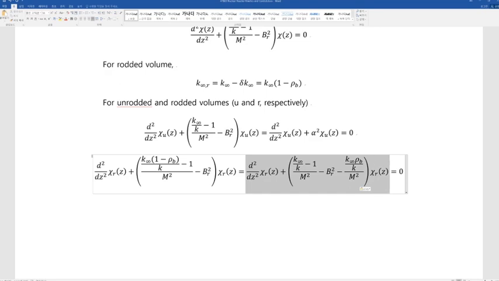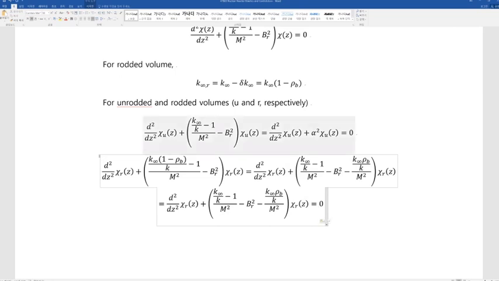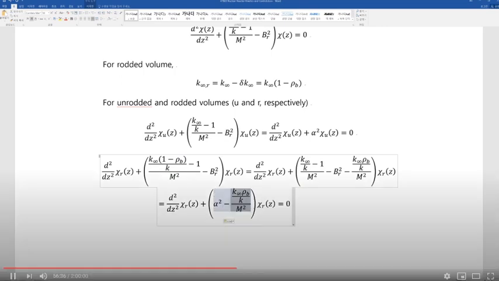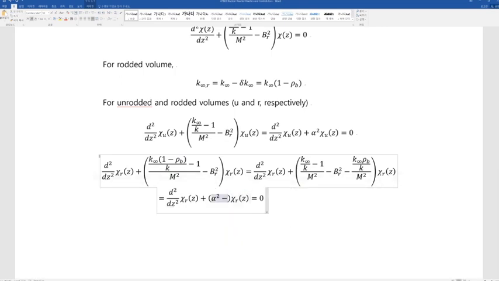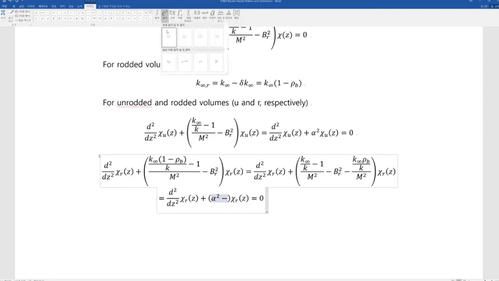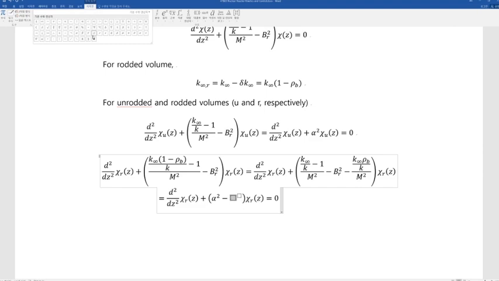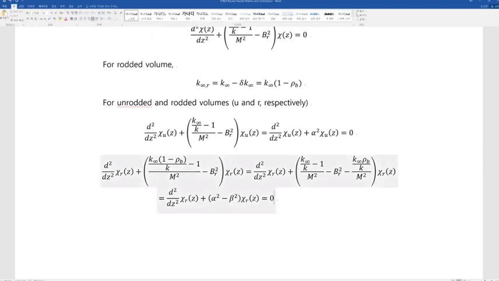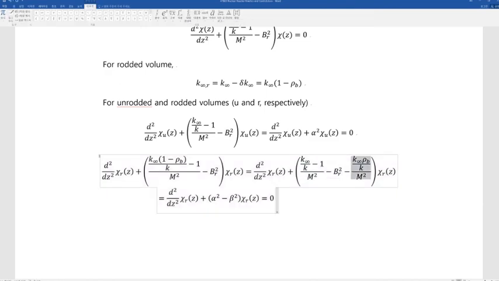So this will be rewritten as alpha squared, these are defined as alpha squared, and this would be defined as beta squared. And this would be the definition of alpha squared and the definition of beta squared.